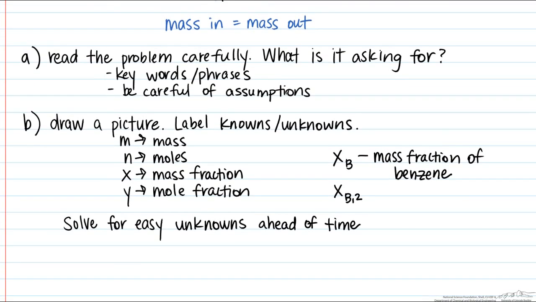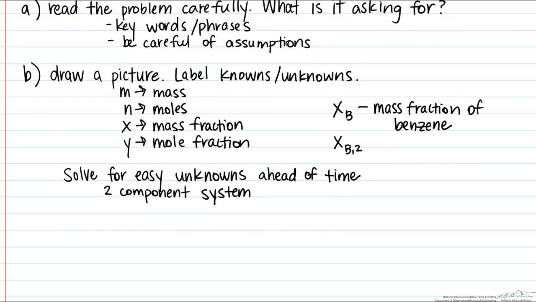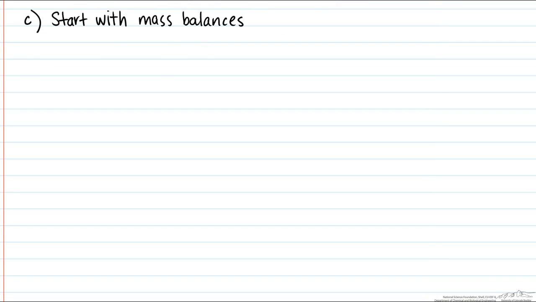But things like if you have a 2-component system and it says that it has a mole fraction of 40% benzene and the rest toluene, you can write 0.40 benzene and 0.60 toluene.